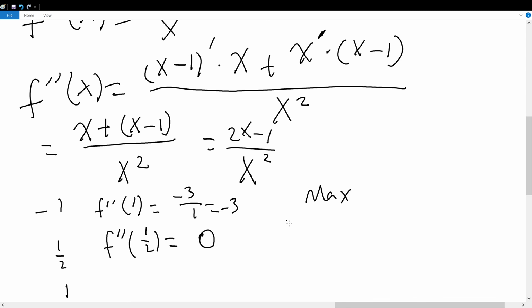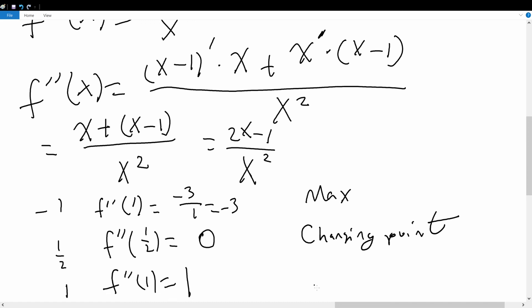So this will be a changing point on the function, or inflection point. And when x is 1, it would be simply 1, so we know that's a minimum. So in this scenario, this will be our absolute maxima, this will be our absolute minima, and that's your answer.